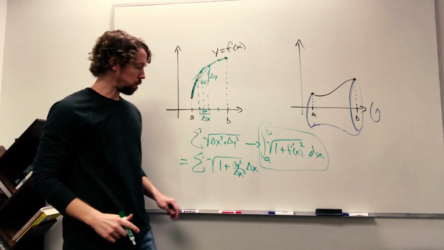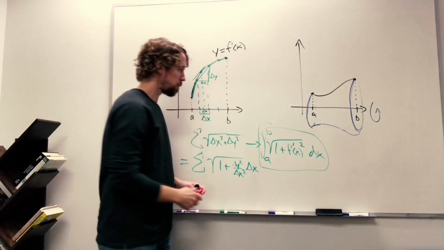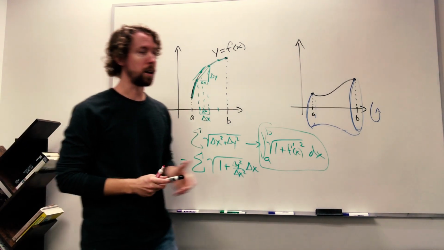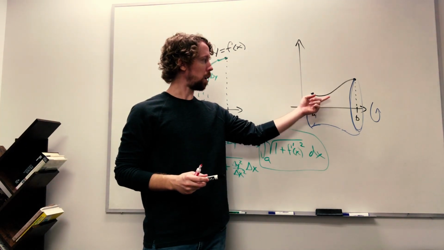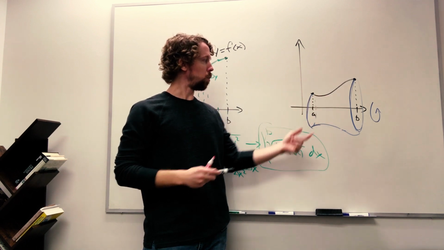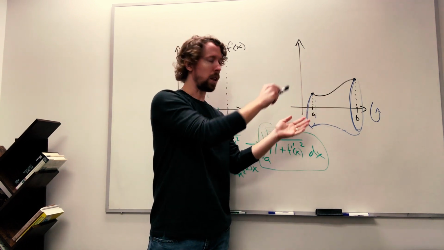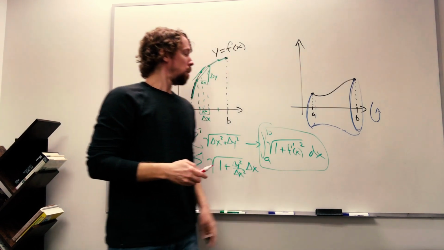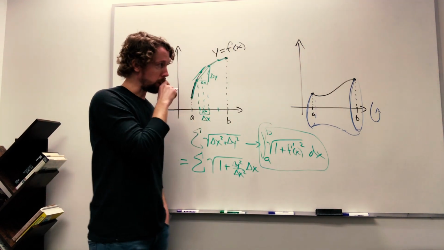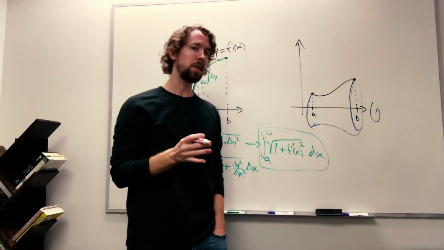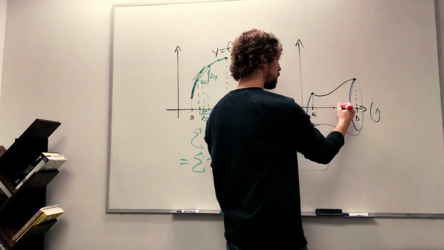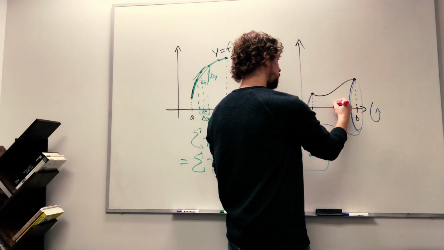The other thing that I wanted to show you is how to calculate the surface area of a curved object when you've just taken a line and rotated it around an axis. So it's going to be really similar to this, but to get our approximation, we're going to have pieces that look something like this.